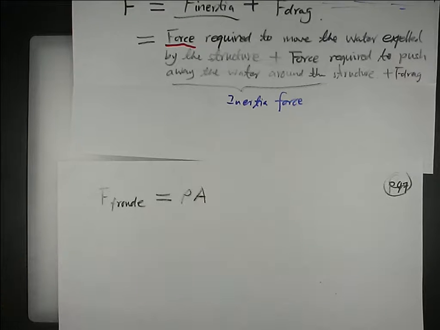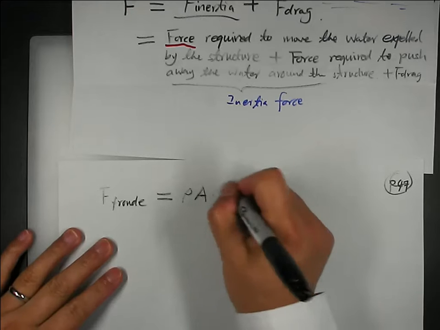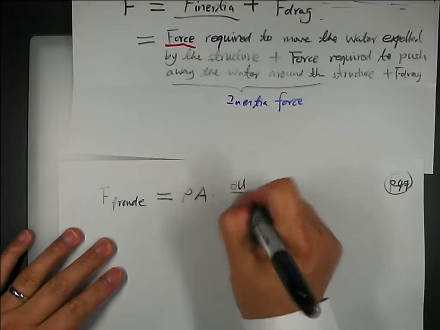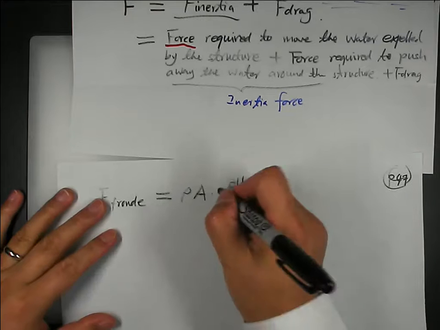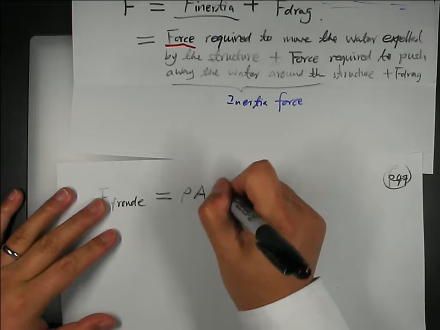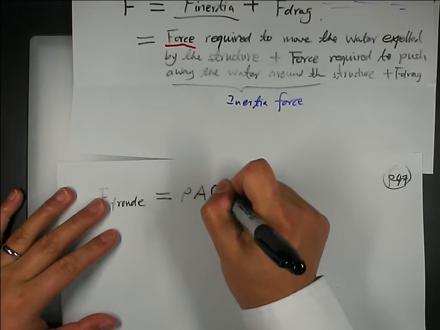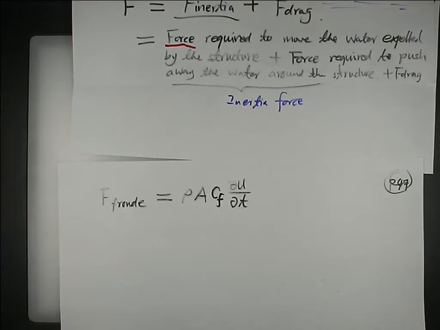M times delta U over delta T, the acceleration. So rho A delta U over delta T is the fluid Taylor force. Usually, in textbooks, we write one more thing: the fluid Taylor coefficient, CF. The value of CF is equal to 1.